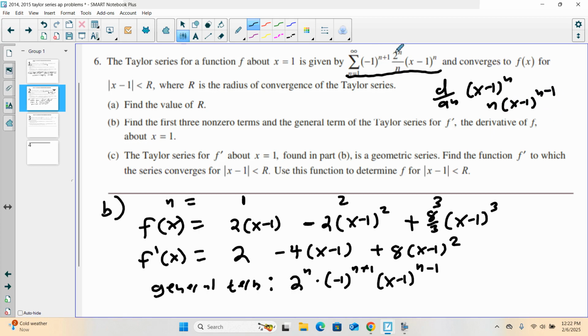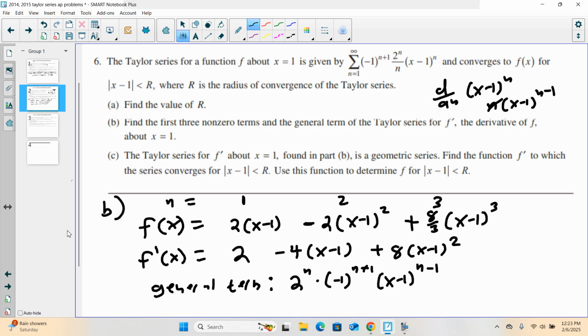If we take all of the rest of this and multiply it by this derivative, we see that these n's cancel, since we're dividing by n here and multiplying by n here. And then we've got our -1 to the n plus 1, we've got 2 to the n, and then we've got x minus 1 to the n minus 1. And so that's what we got in our general term. So another way to find that general term would be to differentiate our original formula.